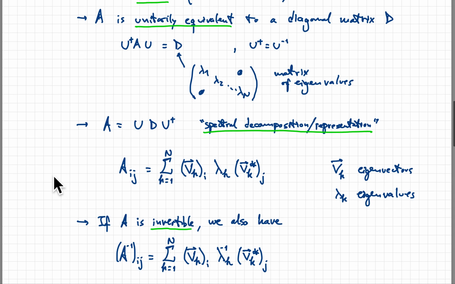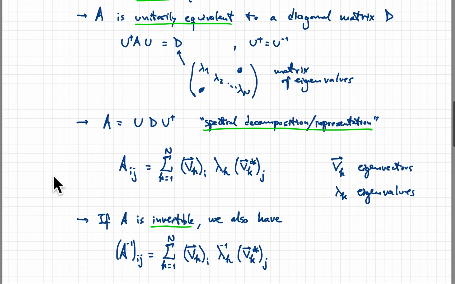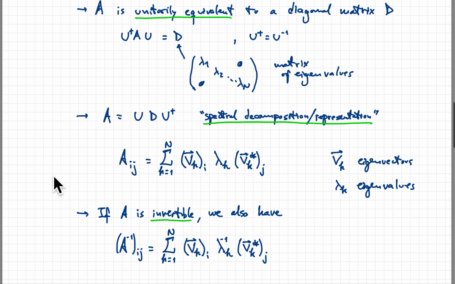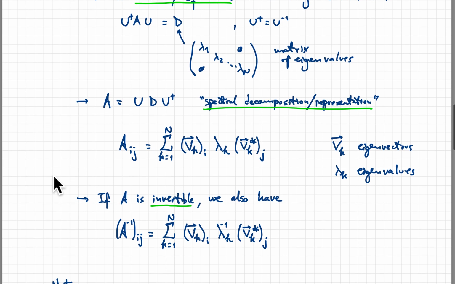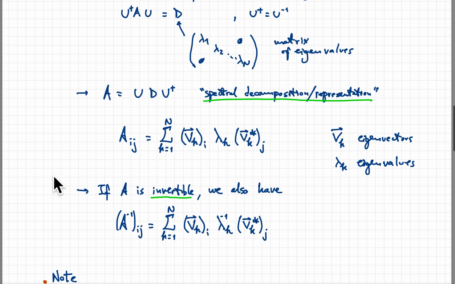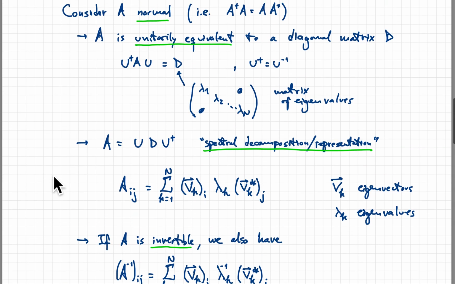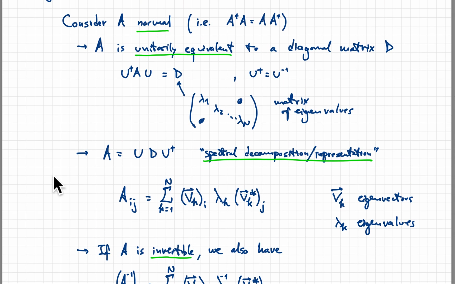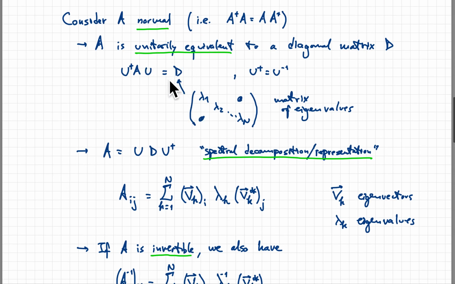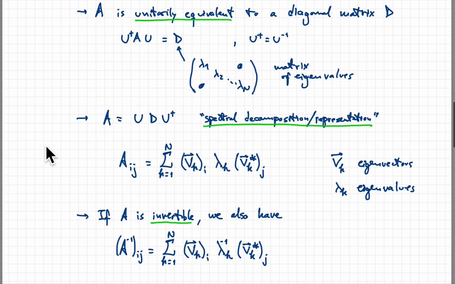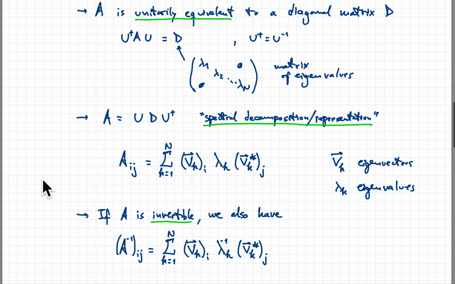The same type of representation holds for the inverse of A, if A happens to be invertible. It could very well be that A is not invertible, by the way. The fact that it has eigenvalues and eigenvectors and is unitarily equivalent to another matrix D doesn't mean that A is invertible. It also has to be that the eigenvalues are non-zero.